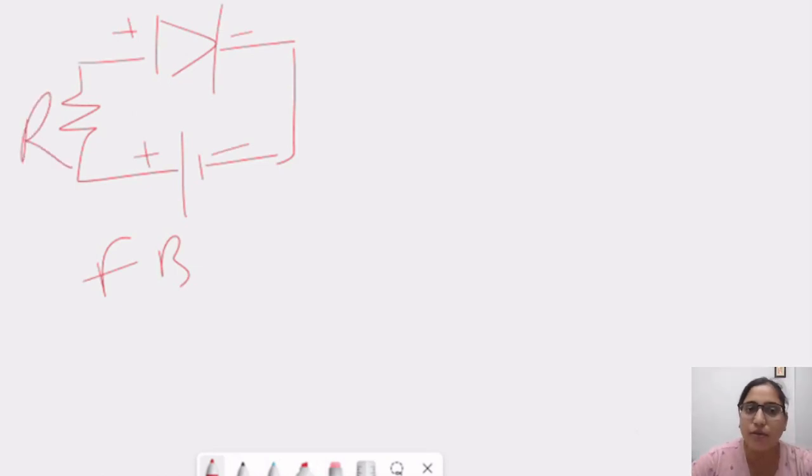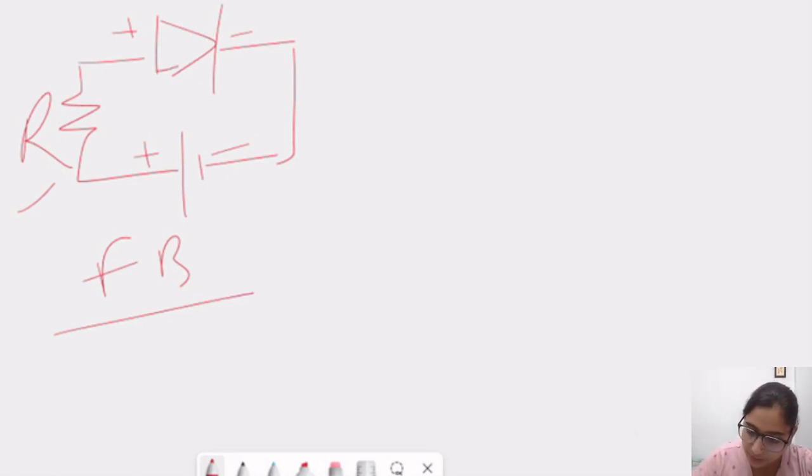And this is the resistor, which we consider as a current limiting resistor. Resistors are used so that the excess flow of current inside the circuit is consumed by this resistor and the output is not disturbed. So this is the practical diagram of a forward bias condition.